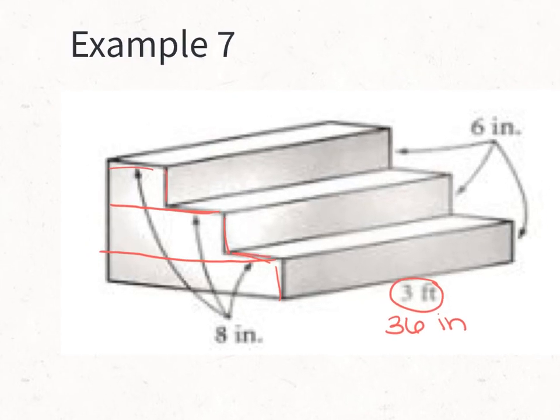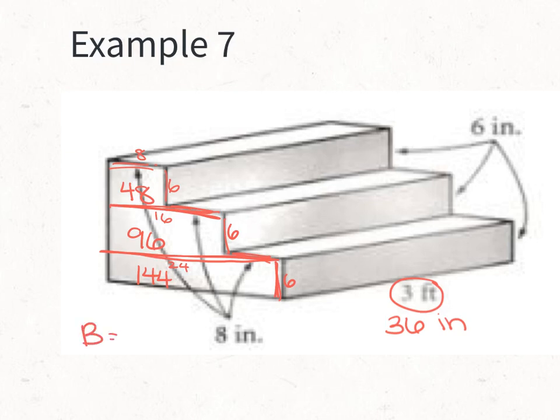If each one of these is 8 inches, that means this whole length is 16. This whole length is 24. That means this side is 6, that side is 6, this side is 6. 24 times 6, this large rectangle on the bottom is 144. 16 times 6, the area of this one is 96. And 8 times 6, of course, is 48.